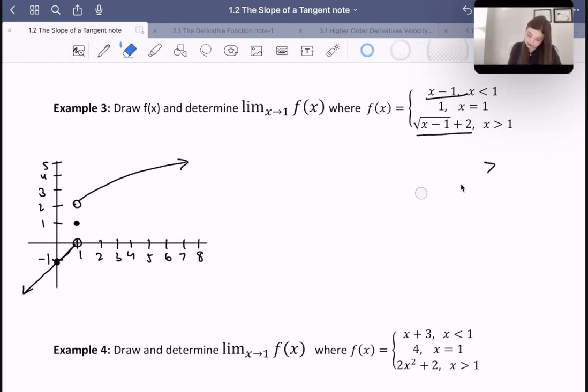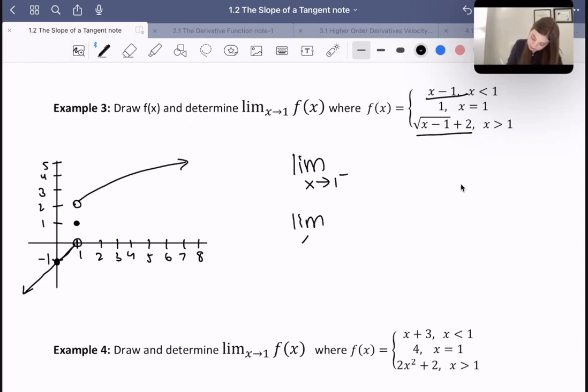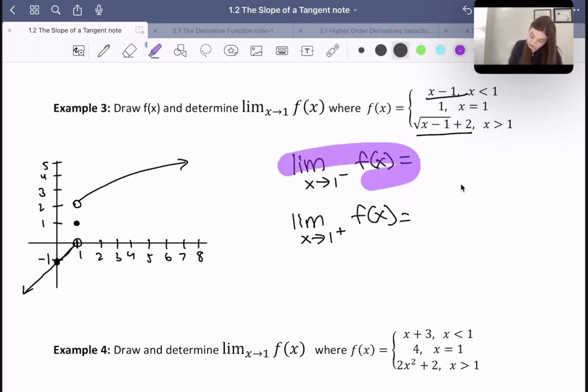So the question is, does the limit exist? Well, let's see. You might already be able to tell, but I'm going to show in more detail. So limit from the left, and then the limit from the right. Let's go with the limit from the left first.